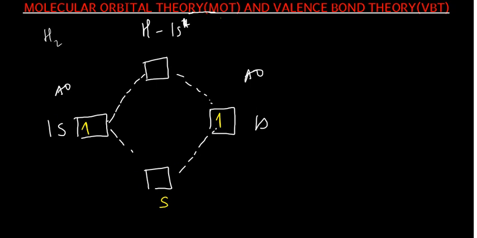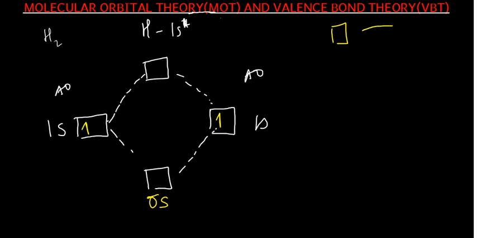But because it is an orbital which supports bonding, it will be called the sigma s. Why are we calling it sigma s? That is because it forms a single bond. Whenever you see only one orbital like this, it forms a single bond.